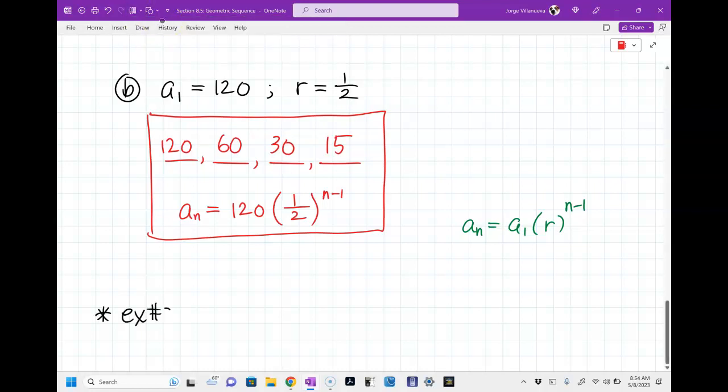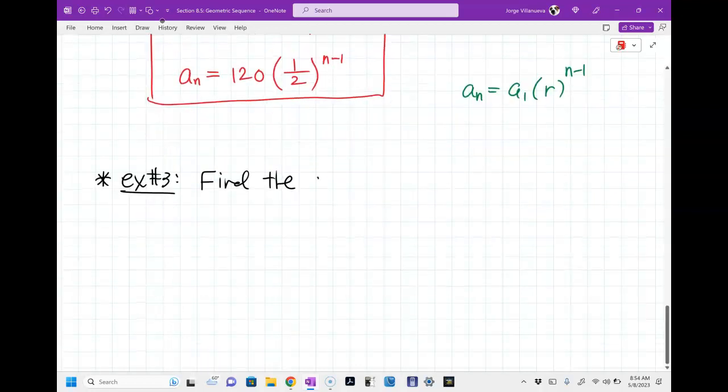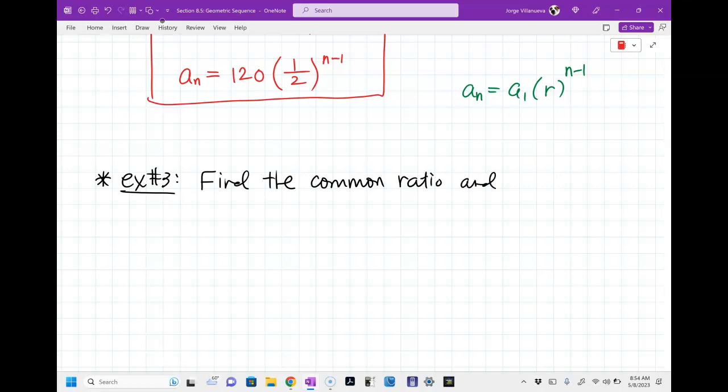So example number 3, find the common ratio. So that's r. And the explicit formula.